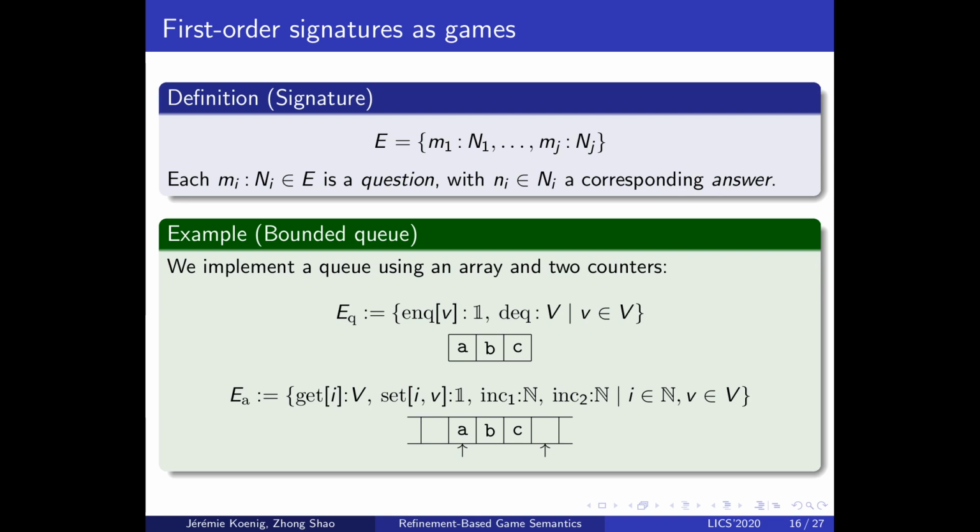Since the enqueue operation takes an argument, we'll encode it in the signature as a family of questions, one for each possible argument value. We'll implement the queue using an array and two counters which will mark the beginning and end of the queue within the array. We have operations to access the array and operations which increment counters and return their previous values.